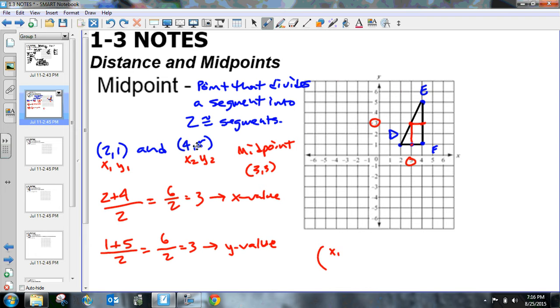Instead of writing 4, I'm going to write x sub 2, so plus x sub 2, all over 2: taking two numbers, adding them together and dividing them by 2, finding the average. I'm going to do the same thing for y. So if I had 1, I'm going to replace it with y sub 1, and then plus 5, which is y sub 2, divide that by 2, and that's my y value. This is my x value, this is my y value. And I get 3, 3, and that's what I had here and here.